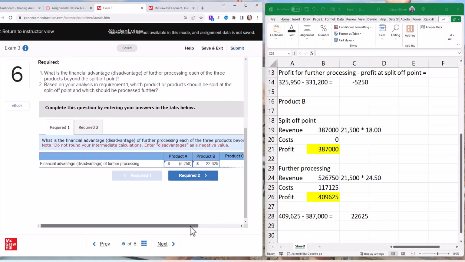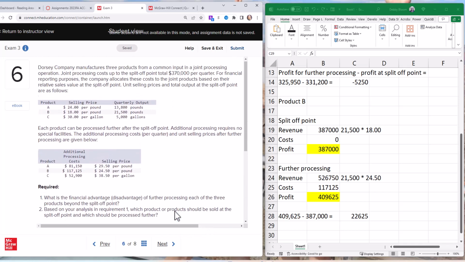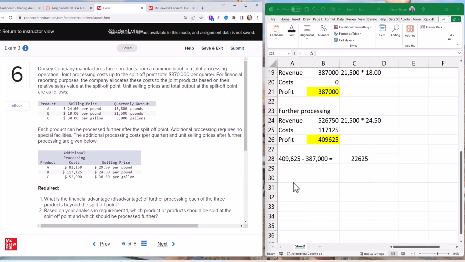Now for product C, we're going to do exactly the same thing. So for product C, I'm going to first calculate my profit at the split-off point. So revenue, costs, and profit.